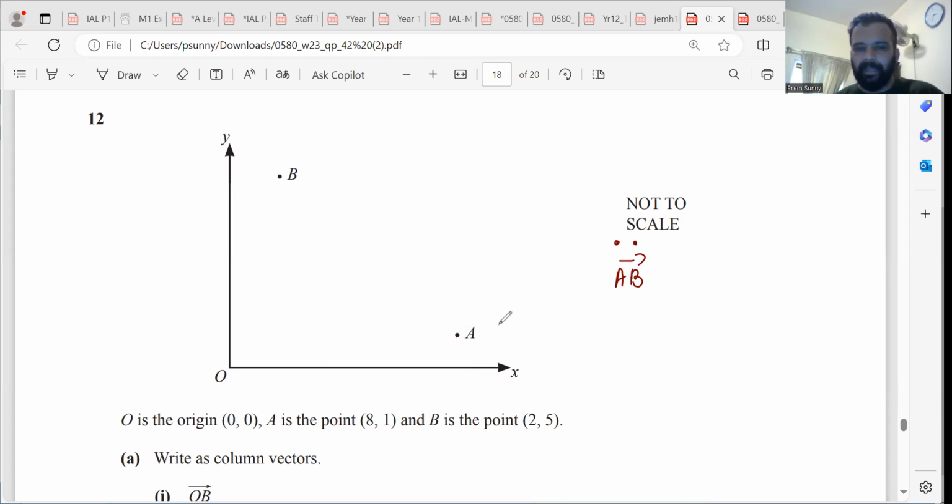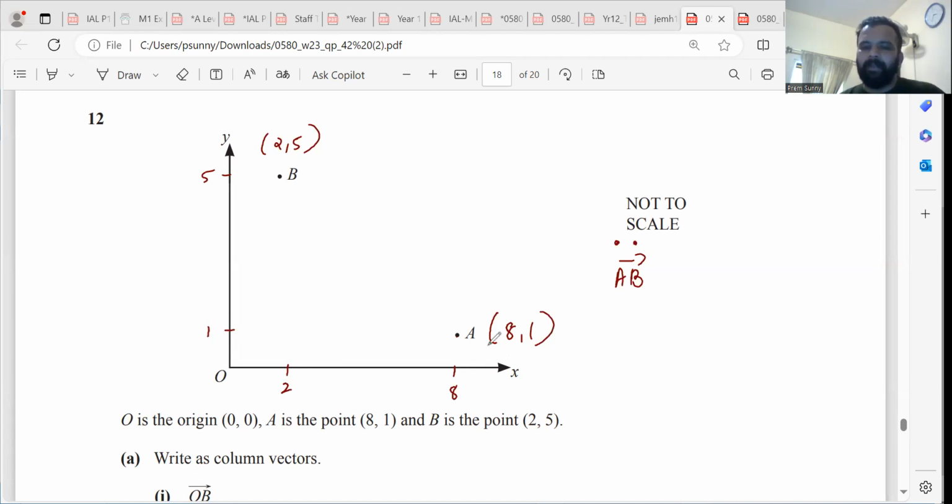From A we know it is 8, 1 and B we know it is 2, 5. So 2, 5 means this is 2 and 5. And here this is 8, and 8, 1 means this is 1.